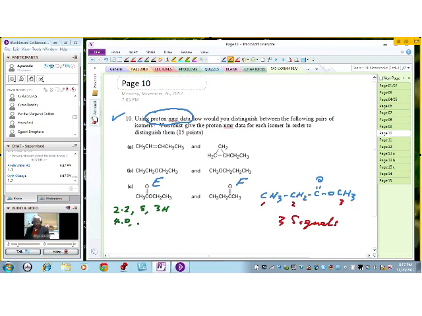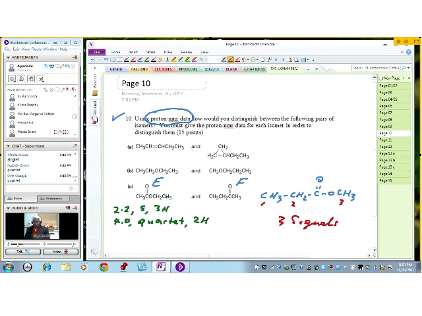Okay, and what would be the multiplicity for this one here? You have to use the chart all the time. That is the only way you get to know most of these chemical shifts, unless you've already familiarized yourself with them. So that is a quartet, and that is 2 hydrogen.